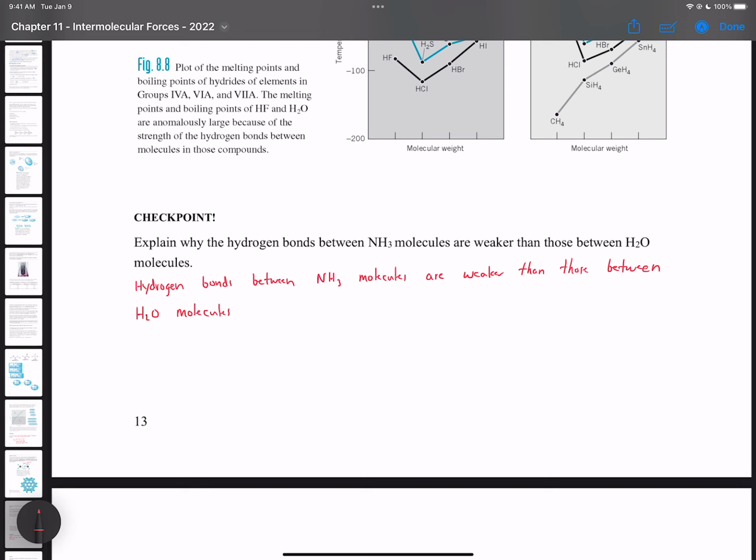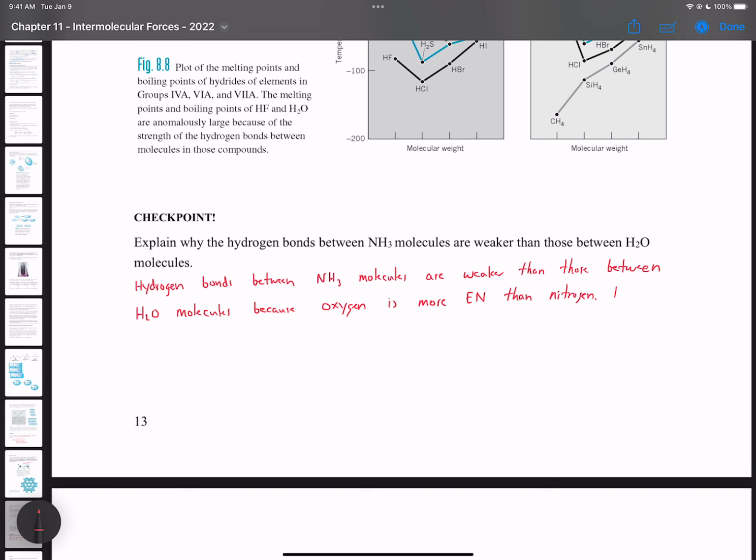Okay? Because oxygen is more electronegative. If you put EN, that's totally fine with me. More electronegative than nitrogen. When it's more electronegative, it turns out to be a stronger intermolecular force.